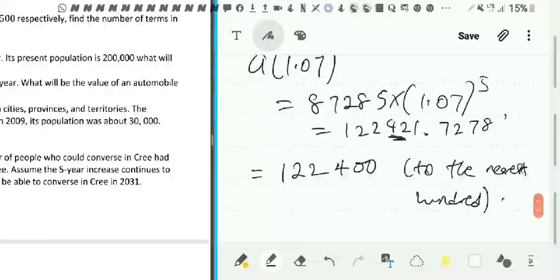Okay, so that's that about that, and that brings us to the end of this tutorial for module 2 of sequences and series. Here we talked about the exponential sequence, and we've seen how we can solve different questions on exponential sequence, how we can project for things in time to come, and so on.